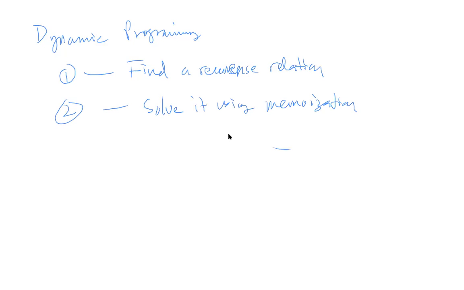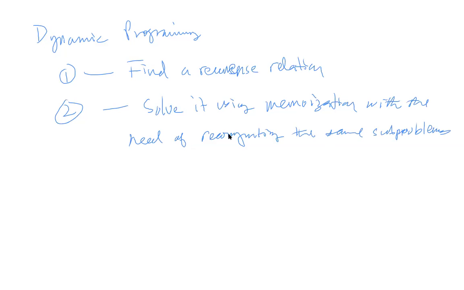The good thing about this is that we avoid the need of recomputing the same subproblems. So that saves time, and as a matter of fact, for this problem, it's going to be in polynomial running time. So what is the recurrence relation?